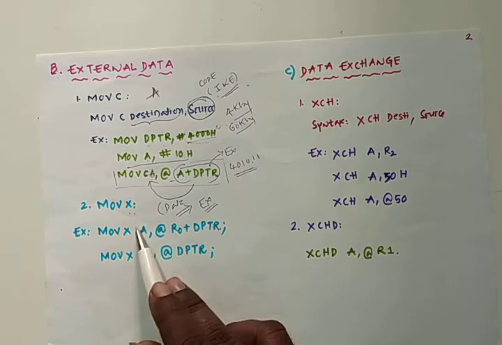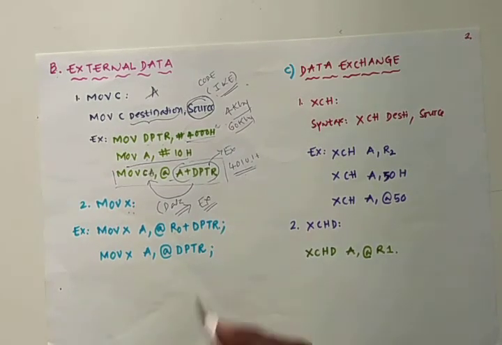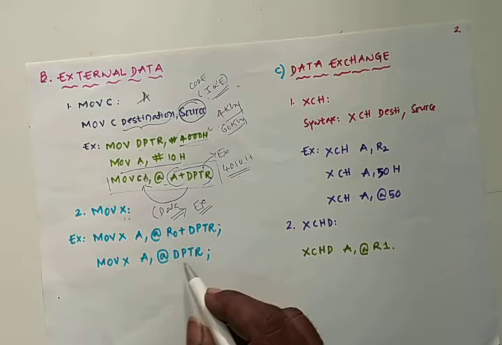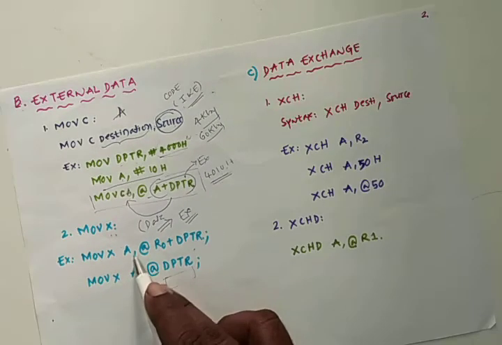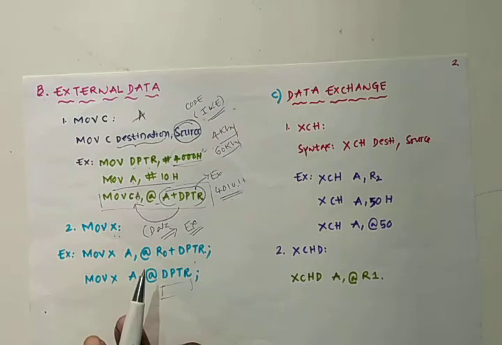At that address data will be moved into A, and the data pointer register is holding some memory location, and at that memory location data will be moved into A. That is called an external data transfer instruction.